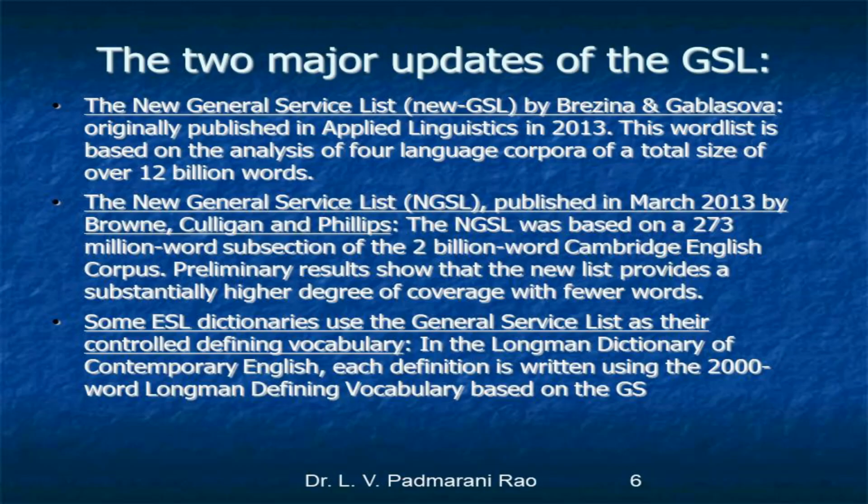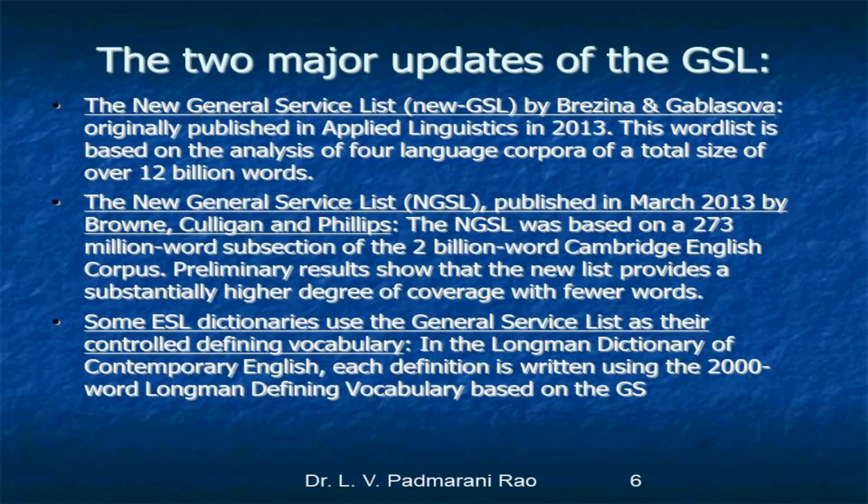The second is the New General Service List, NGSL, that was published in 2013 by Browne, Culligan and Phillips. The NGSL was based on a 273 million word subsection of the 2 billion word Cambridge English Corpus. Preliminary results show that the new list provides a substantially higher degree of coverage with fewer words.